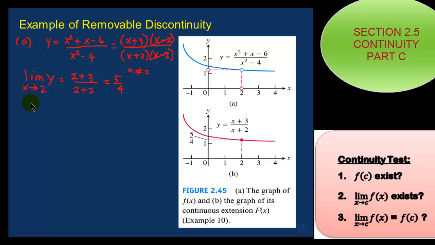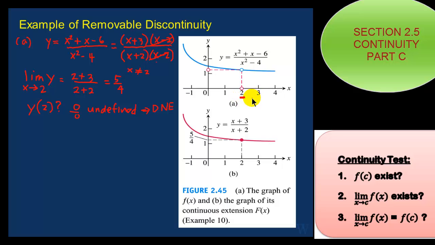Question: what is y of 2 though? If I plug in x equals 2 on this function, I am in trouble because it'll be 0 over 0, so it's undefined, which means it does not exist. So we have a point of discontinuity at x equal to 2.